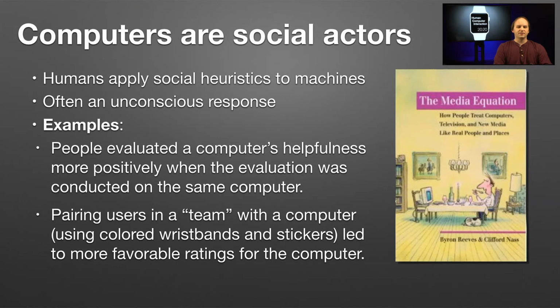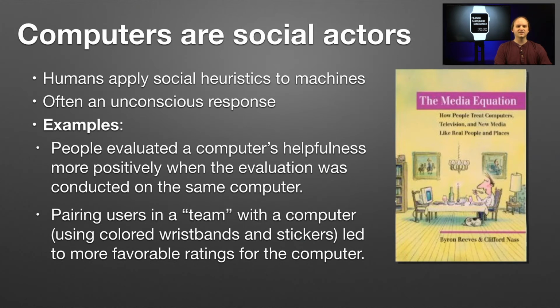I'll give you a couple of example studies that are discussed in this book. In one study, they had people come in and do a task on a computer. Then they had them evaluate how helpful the computer was. The only thing they varied was whether they took the evaluation on the computer itself, or on a separate computer that wasn't the one they did the task with.